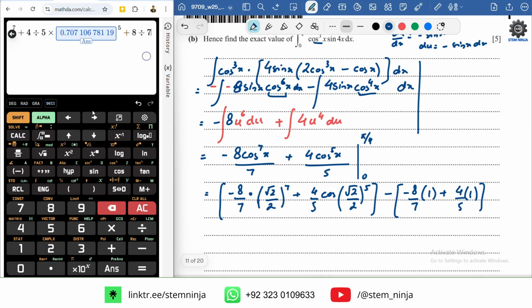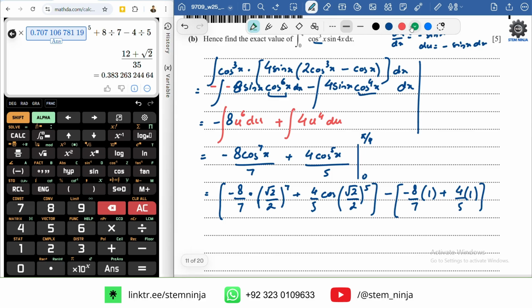Then you have plus 8 divided by 7 and minus 4 divided by 5. We need the exact value. So that will be your exact value: 12 plus root 2 divided by 35.